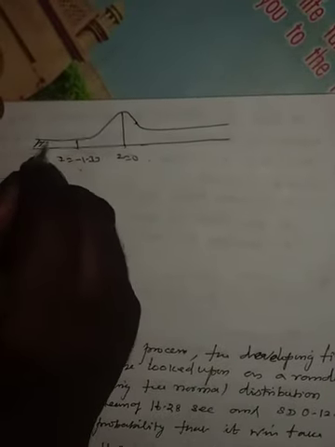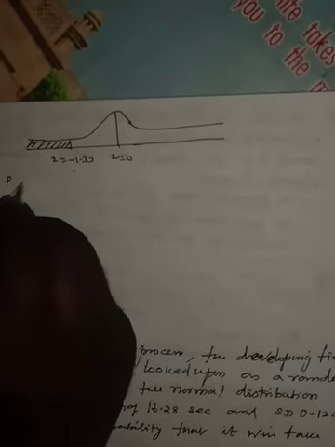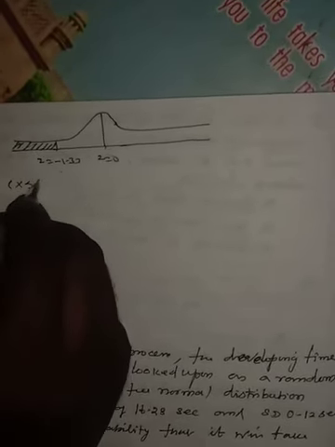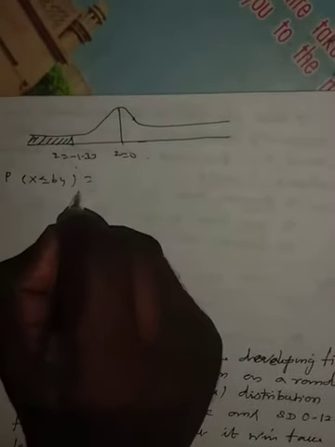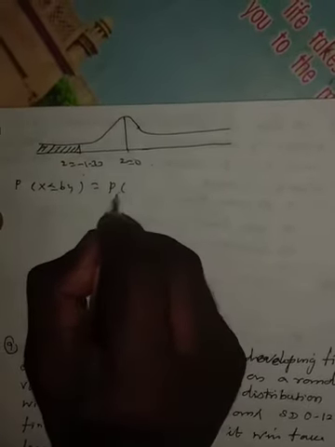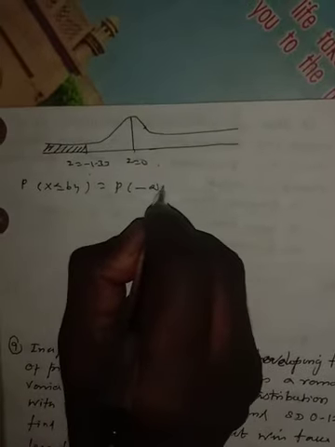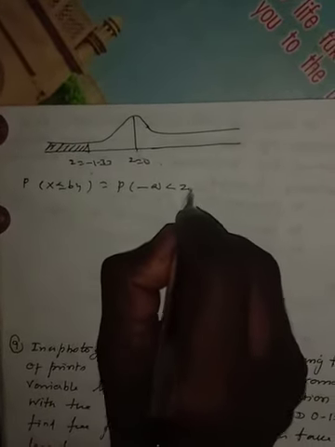So the portion less than this, the probability of x less than or equal to 64, is the probability of minus infinity less than z less than 0.